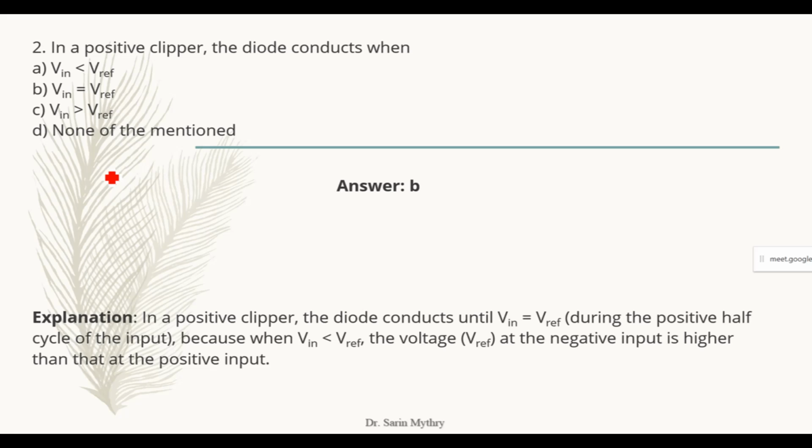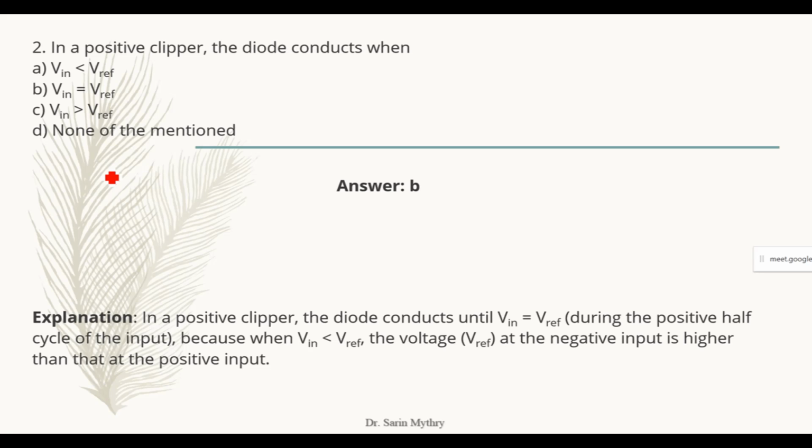So in the positive clipper, the diode conducts until V in is equal to V reference during the positive half cycle of the input, because whenever V in is lesser than V reference, the reference voltage at the negative input is higher than the positive input. Always keep in mind that the diode becomes forward biased only when the positive cycle triggers the diode.